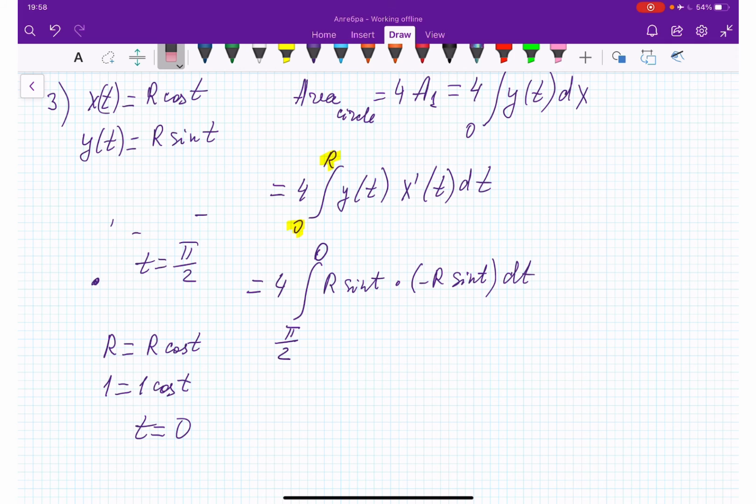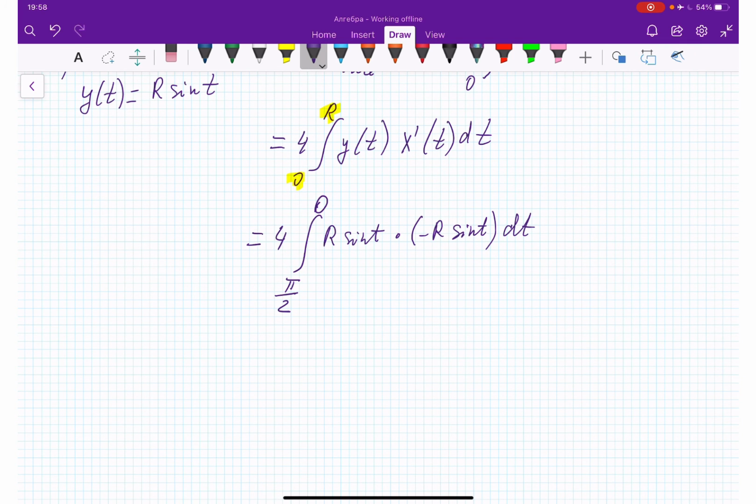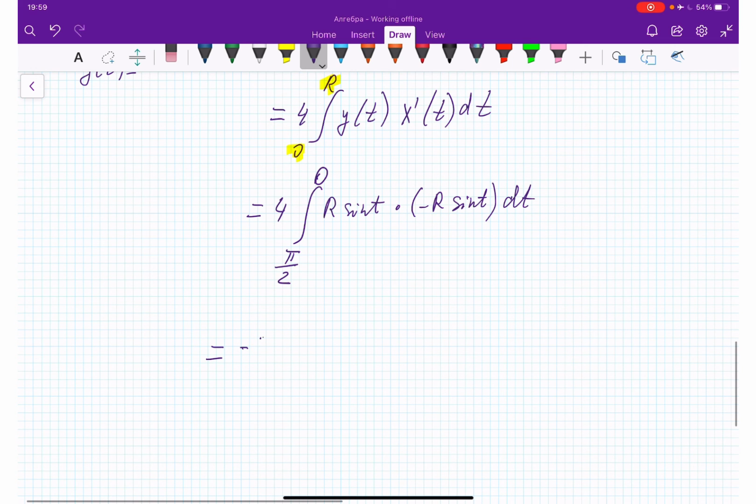This is going to be equal to negative 4, this negative r is coming out, r squared, and here we have sine squared t, from pi over 2 to 0.